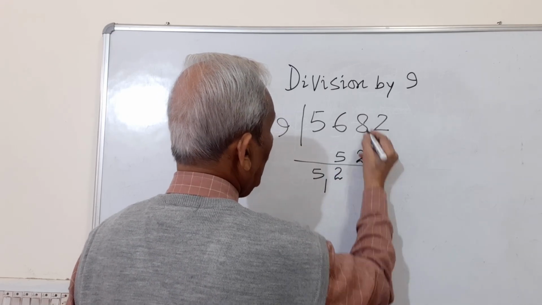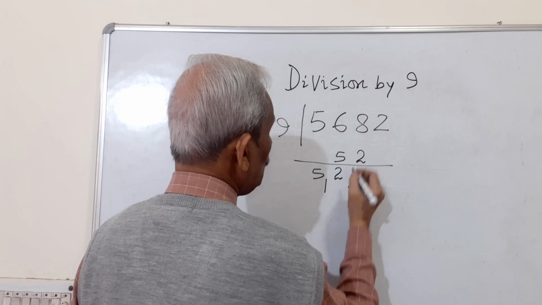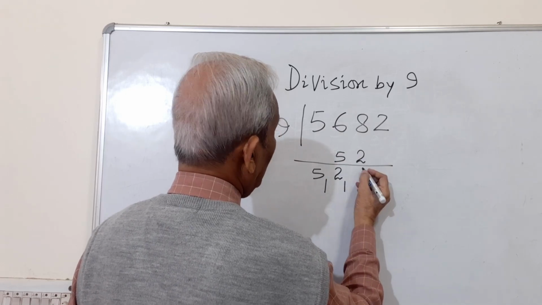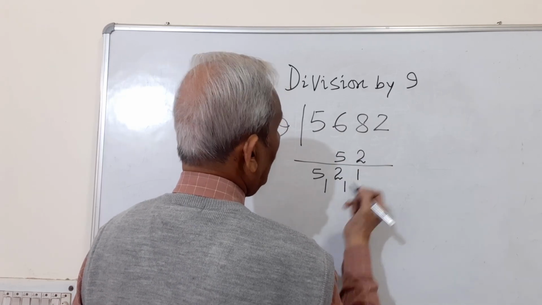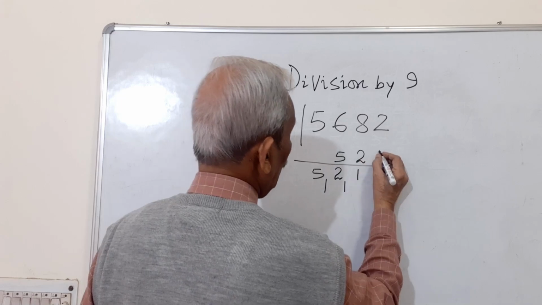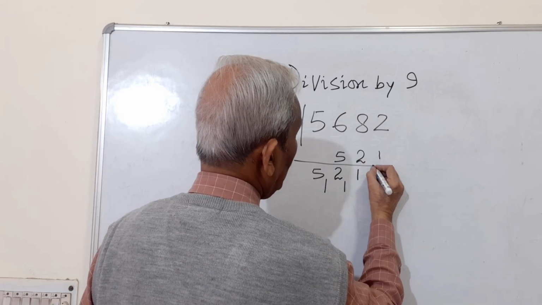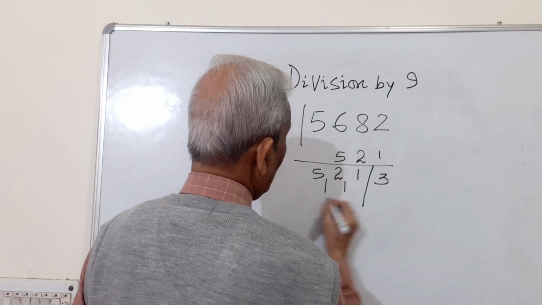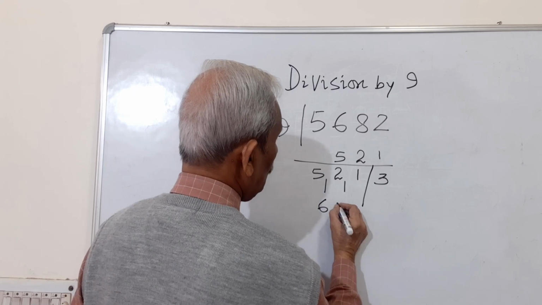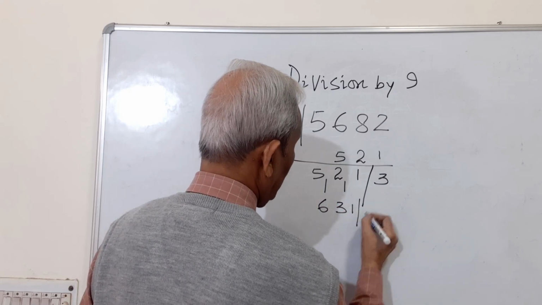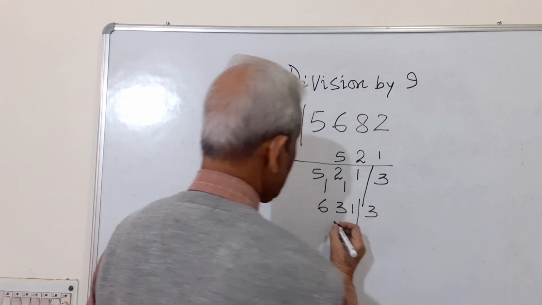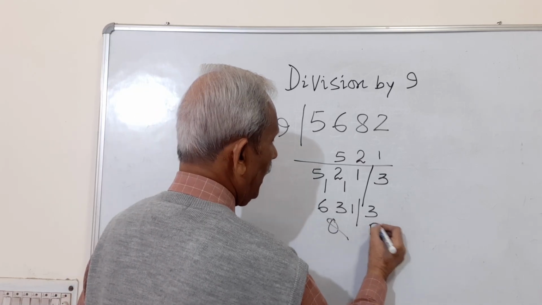Write down 2 here. 8 plus 2, 10. 9 goes 1 time. And what's remaining? 10 minus 9 is 1. 1 here. 1 into 1, 1 here. So 2 plus 1, 3. So answer is 5 plus 1, 6. 2 plus 1, 3. 6, 3, 1, 3. The quotient is 6, 3, 1 and 3 is the remainder.